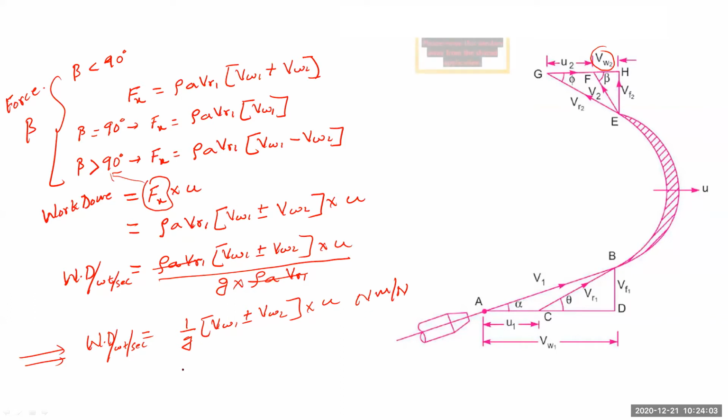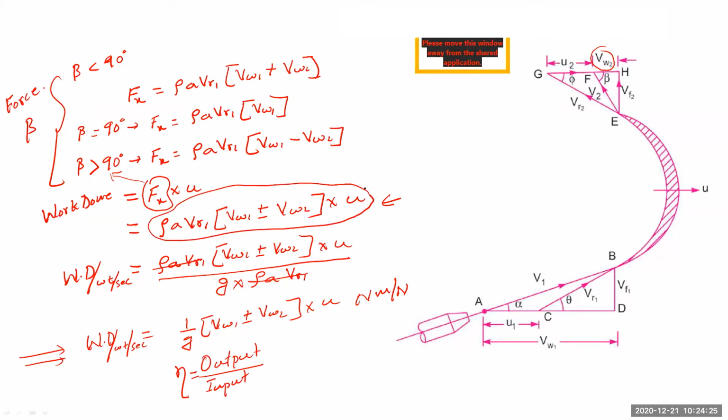Now we have also seen the term for efficiency. I will write the direct final expression. Efficiency is, in simple terms, output upon input. Output is nothing but this work done value, and input is your kinetic energy.